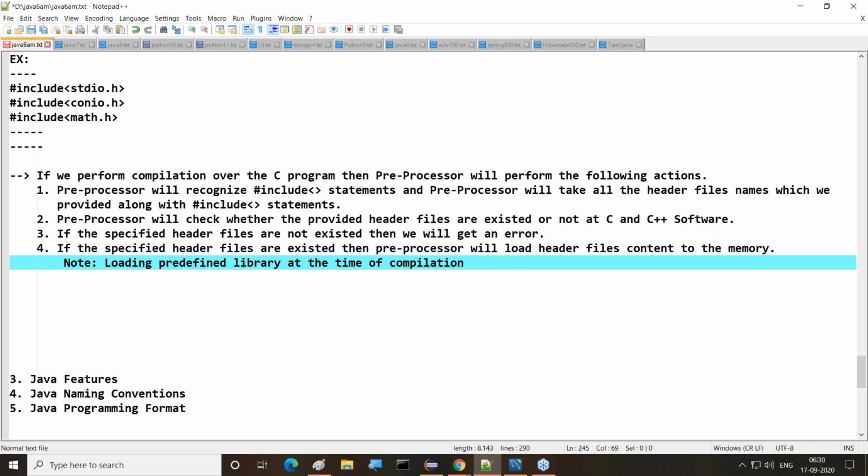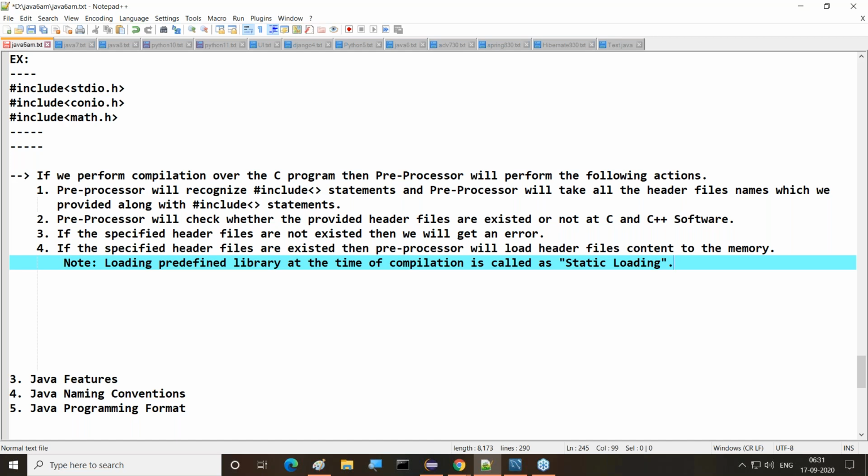If we compile a C program, as part of this compilation only, the library is loaded. So loading the predefined library at the time of compilation is called static loading.